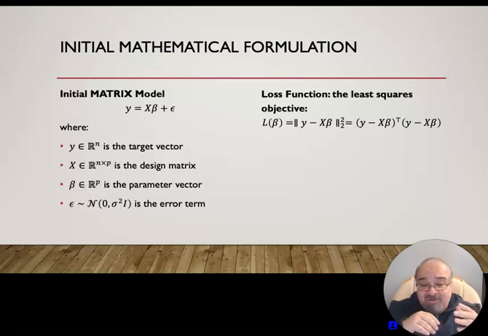The beta vector contains our parameters. That's what we need to actually estimate. And the error term epsilon captures the noise in our observations. And we usually assume that it follows some sort of normal distribution. That's in the first approximation. We use the squared L2 norm as our loss function.